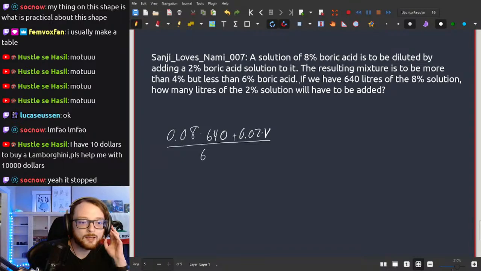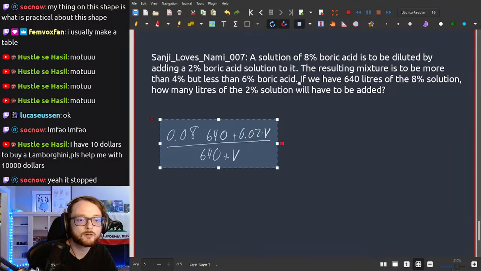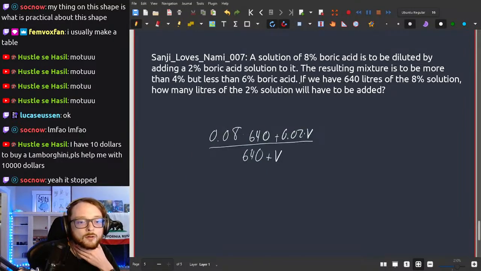And we're going to divide by the total volume, which is 640 plus V. And we want this to be more than 4%, but less than 6%. And we solve this for V, I want to say.